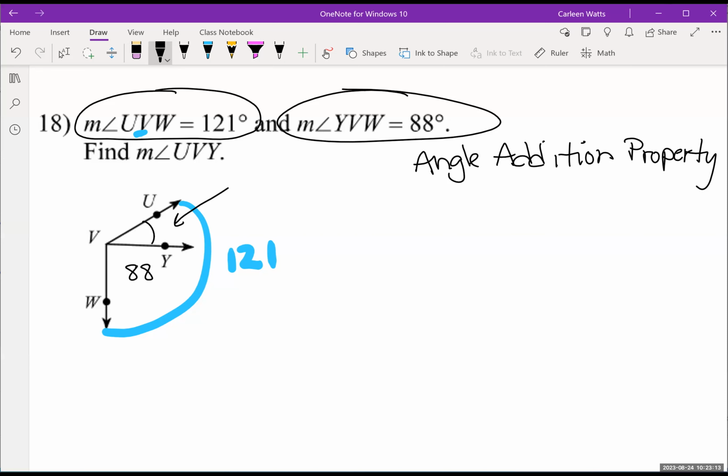We are going to subtract 121, take away 88, thank you for participating, but we're going to subtract. Yeah, because that's not cutting it in half. See how 88 plus that angle gives me a total of 121. Yeah, so we're going to take 121 minus 88.